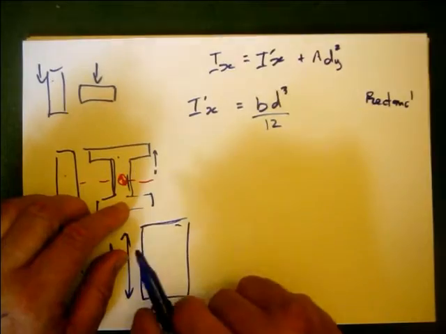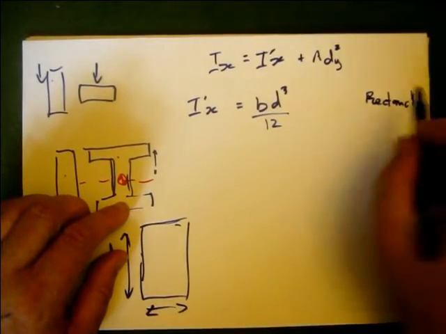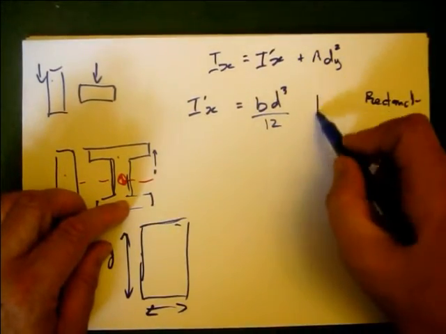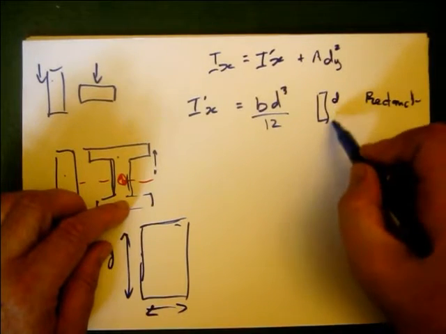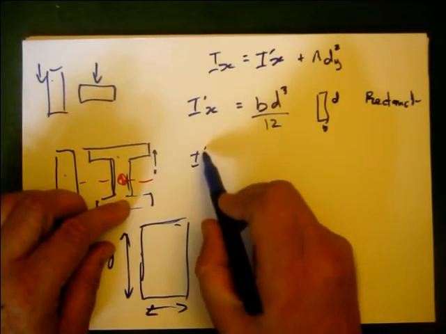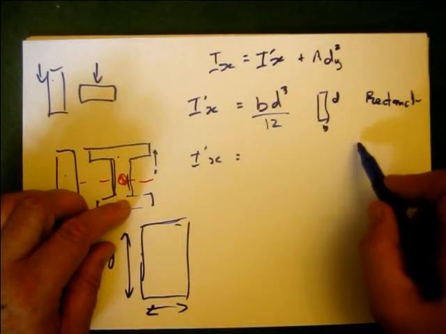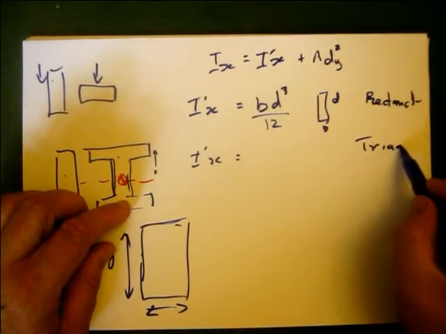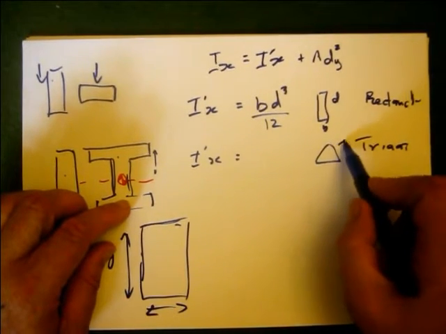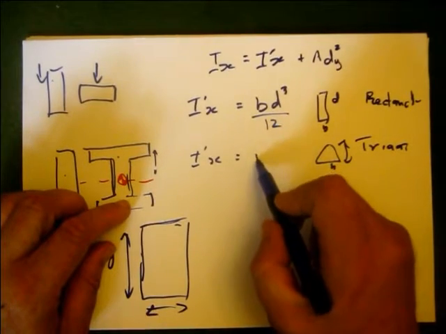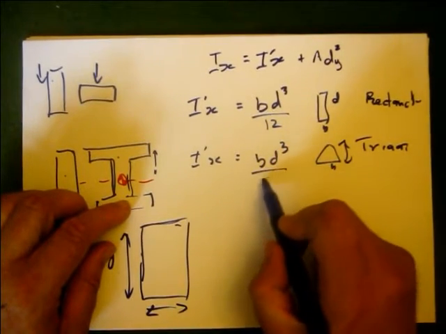That's what all the integration will do. For a triangle, remember, this is D, this is B, Ix equals B D cubed over 36.